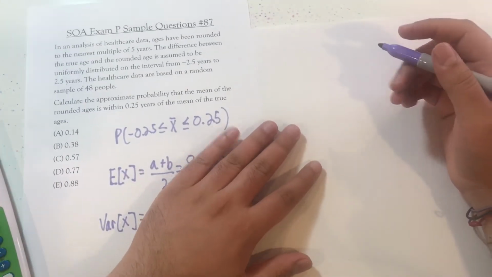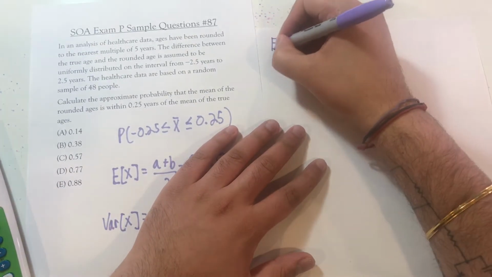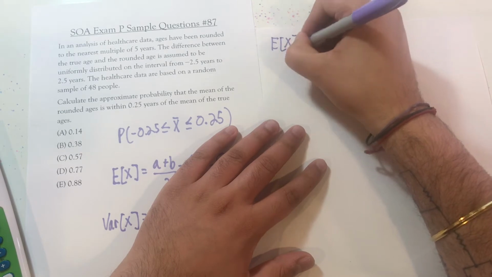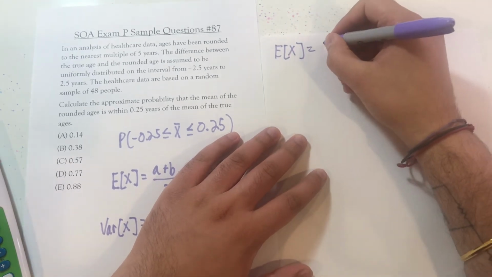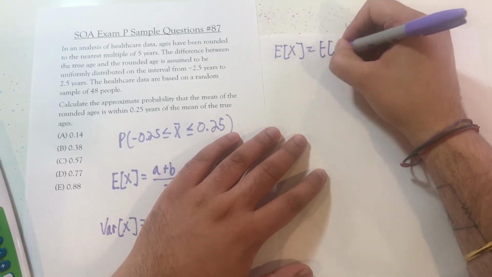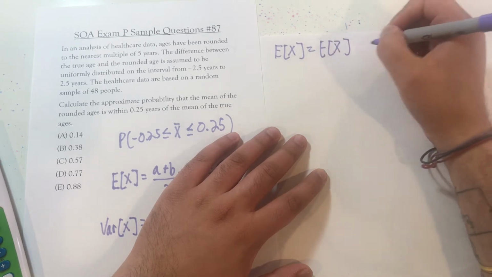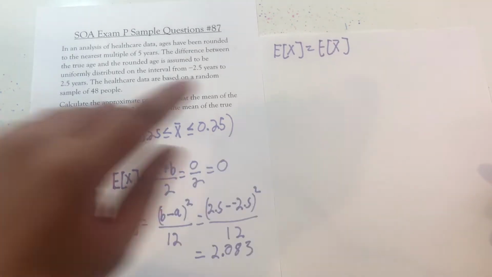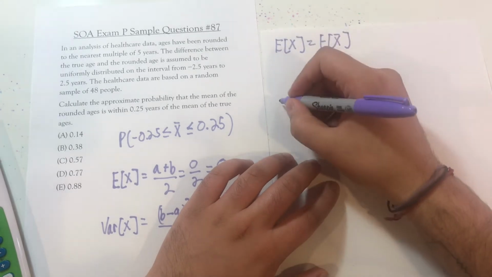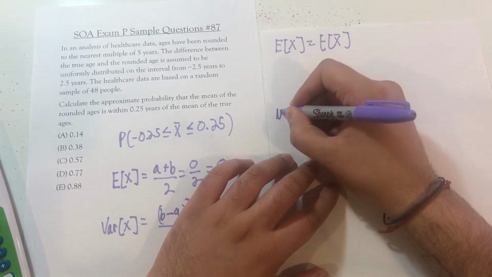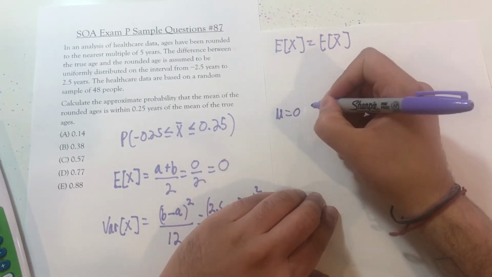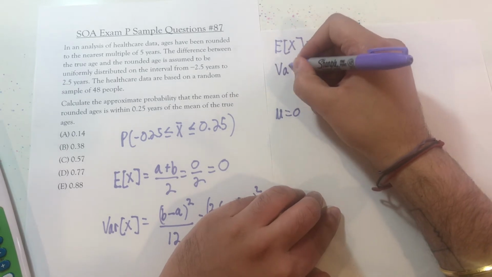Here's what you've got to know for the average. The expected value of x is the same thing as the expected value of x bar. Your expected value is not going to change. So in this case, our mu value is 0.